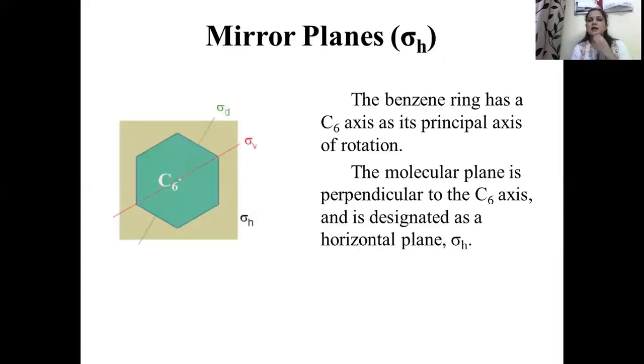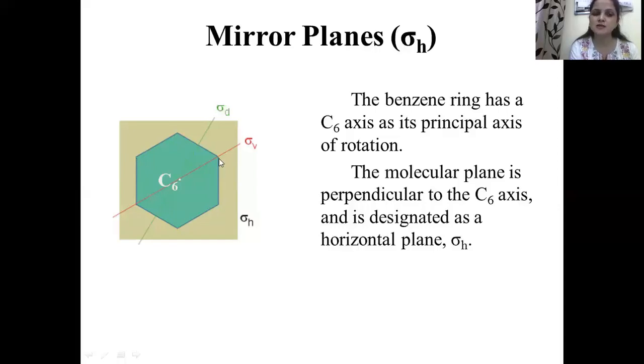Let us take another example, the benzene ring. We know that benzene, being an aromatic molecule, is planar in nature. We have a principal axis C6, because the axis passes through this point, and to complete a 360 degree rotation, how many stoppages are there? 1, 2, 3, 4, 5 and 6.